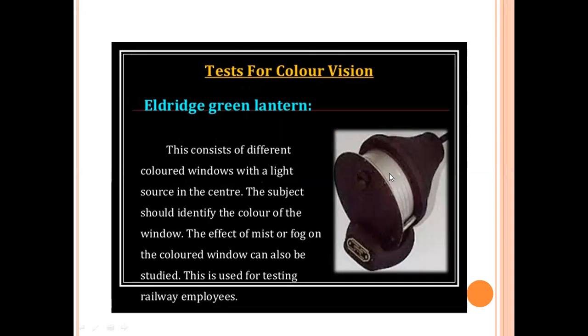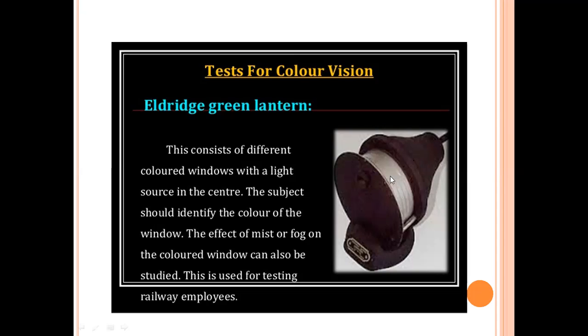Second, third, fourth slots have different colored glasses, different shades, dark shade to faint shade. And the last slot, the fifth or sixth slot, gives the effect of mist or fog or rain. Artificially you can give the effect of mist or fog.